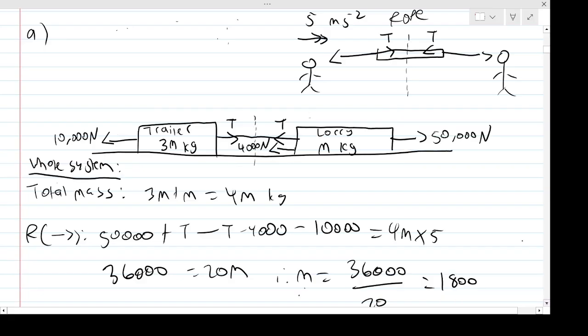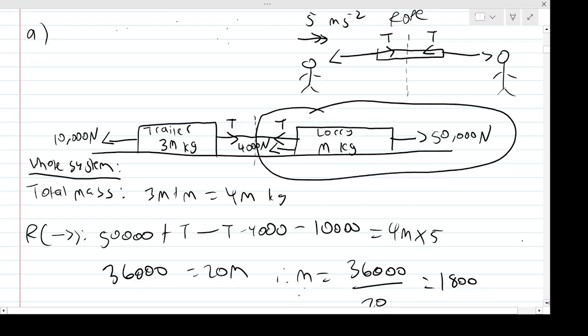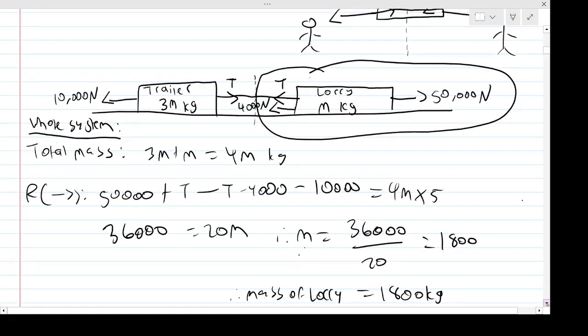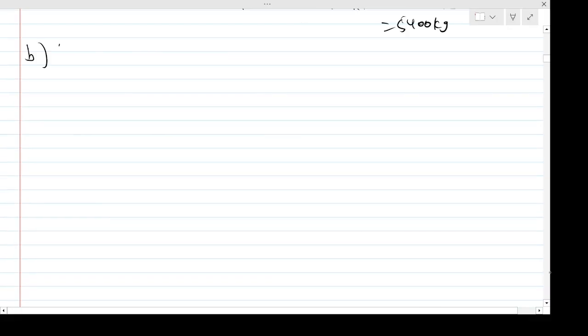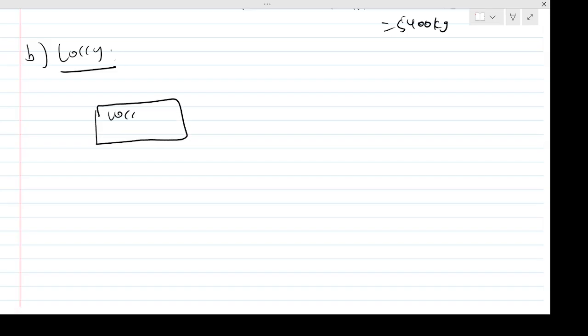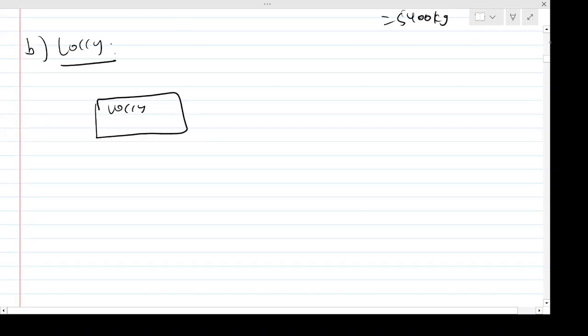What we're going to do to work out the tension is now not combine them together, but actually consider them separately. So if I consider, say, the lorry separately, so the lorry and its forces on its own, now I might be able to work out the tension. So again, we've got the lorry here. What's the mass of the lorry? Well, we worked that out in part A. It was 1,800 kilograms.